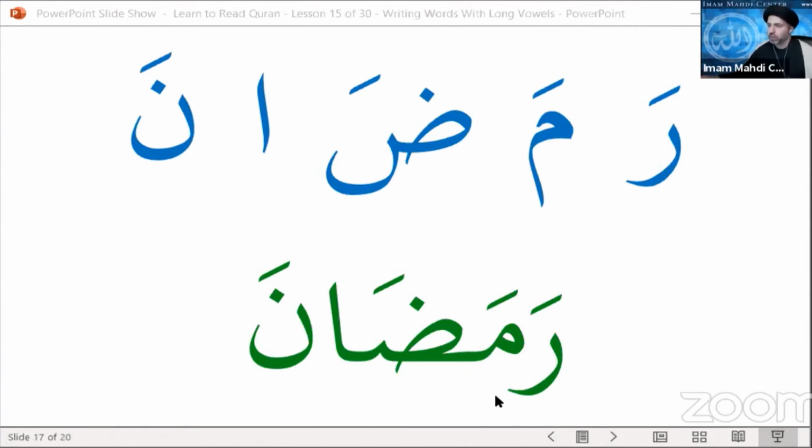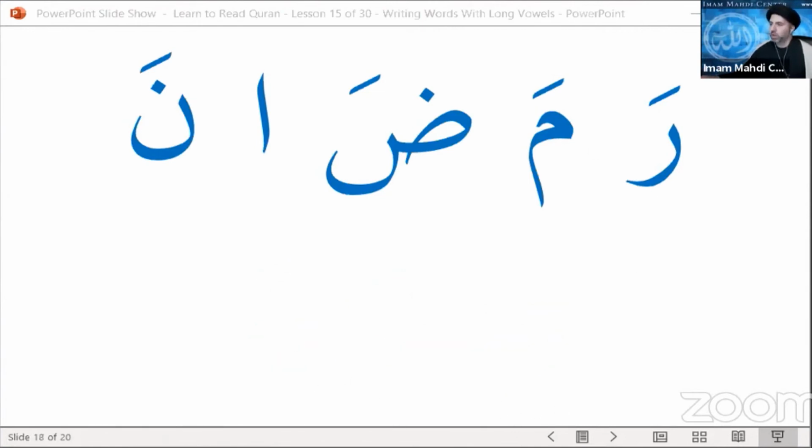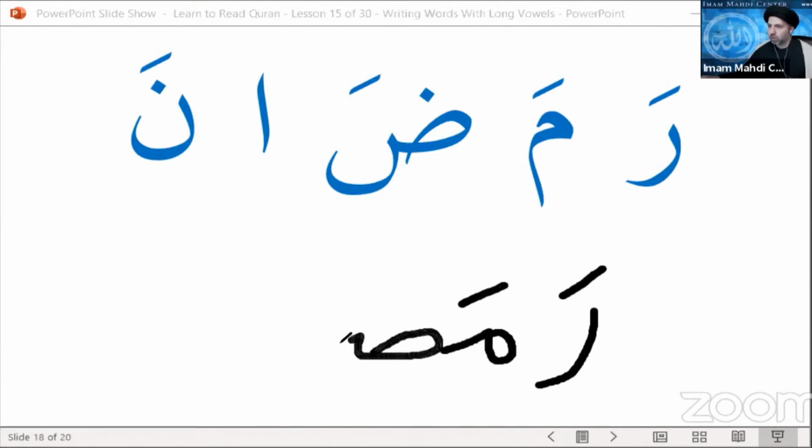So it's Ramadan. So now we write by putting the Ra first, and we leave a space after the Ra, and the Ra has a Fatha. Then we write our lowercase Mim with its Fatha, and then our lowercase Dad, which is written just like the Sad, but with a dot, and then with its Fatha, and then Alif connected to this Dad.